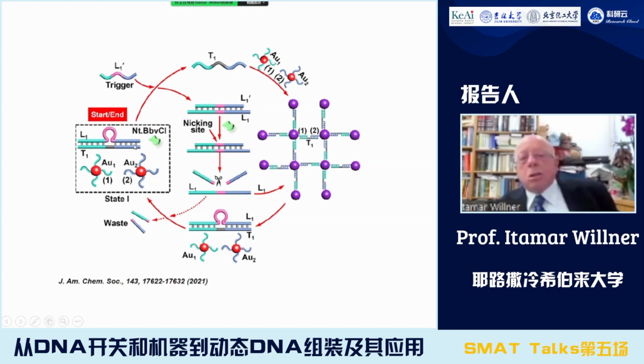Under these conditions, we have a rest-state module that includes individual particles. If we apply the trigger L1', we displace this duplex to yield L1'L1, and we release the strand T.